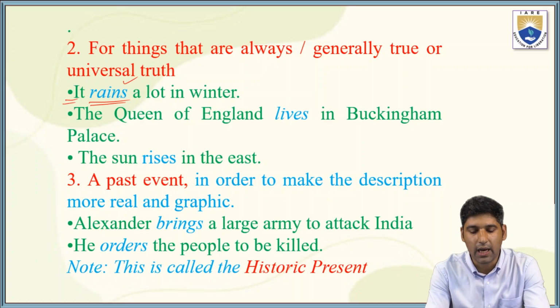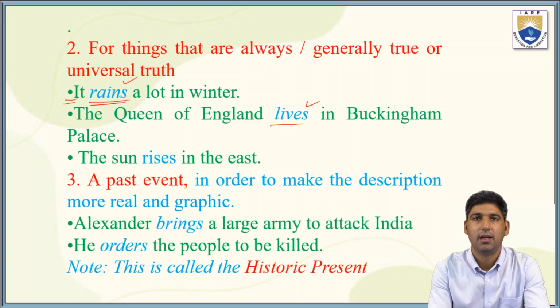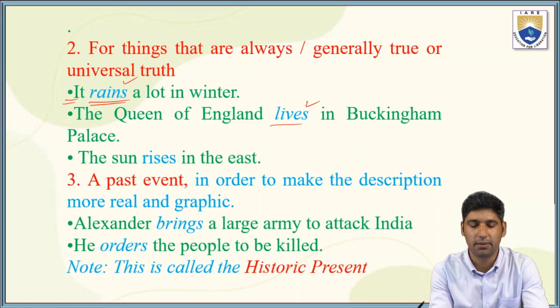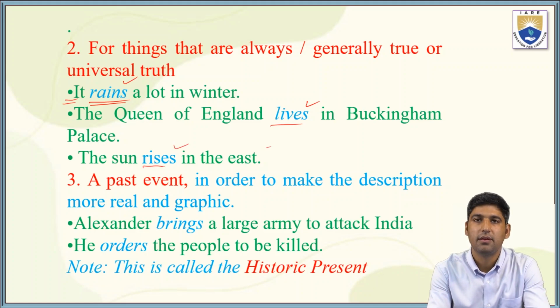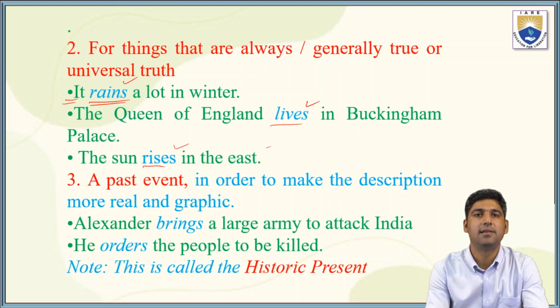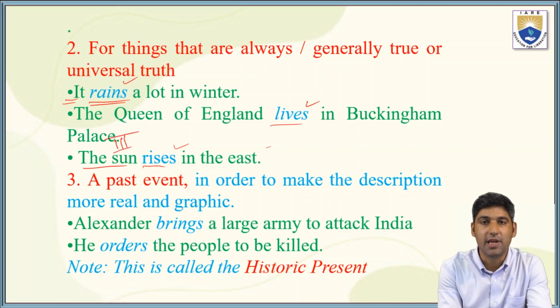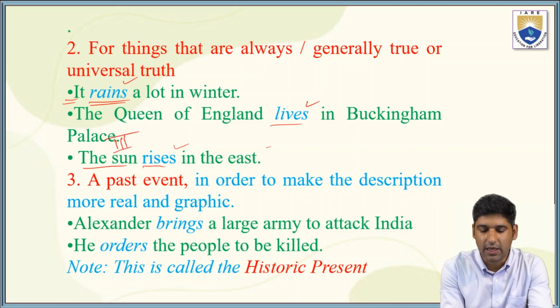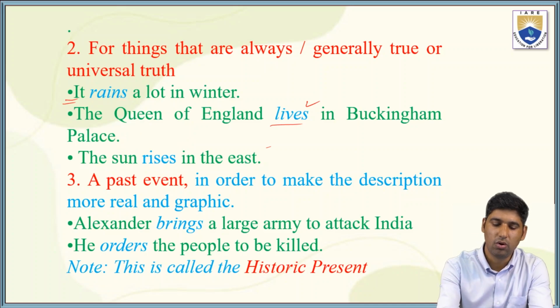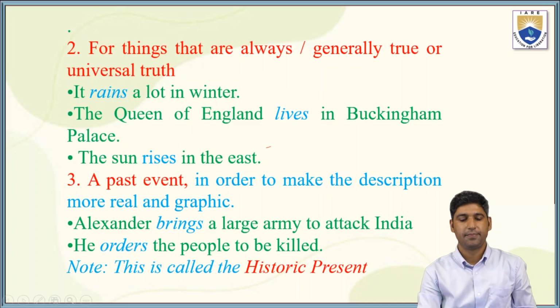Queen, third person subject, verb requires s. And this is a fact, she lives in Buckingham Palace. Then the sun rises in the east. Again we have a universal truth. The sun always rises in the east. The sun is third person, the name of an object, so the verb requires s. So this is how we can show the truth or universal truth in present indefinite tense.